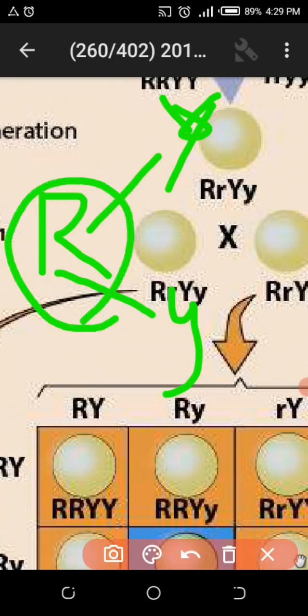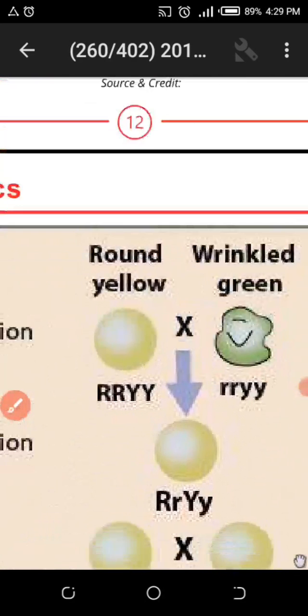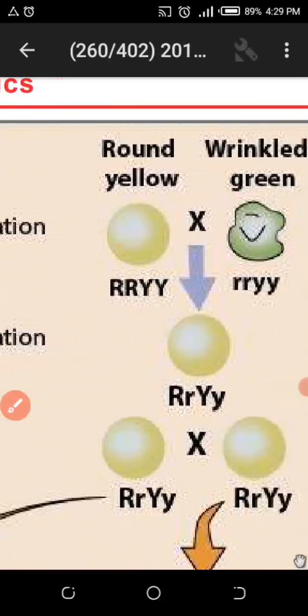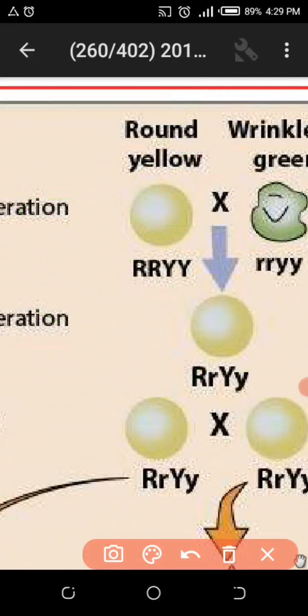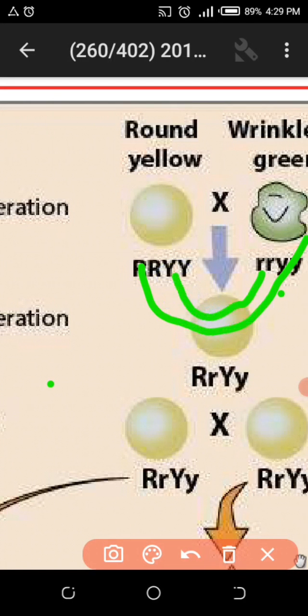So if capital R goes with capital Y, this is a parental character. If small r goes with small y, this is a parental character. If capital R goes with small y, this is a non-parental character. If small r goes with capital Y, this is a non-parental character.